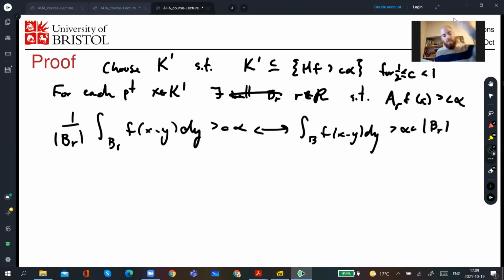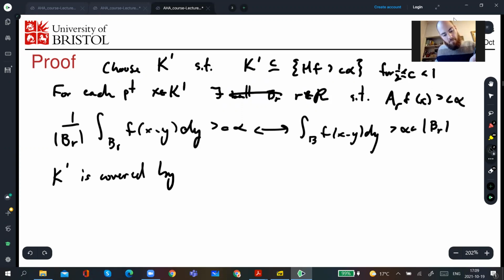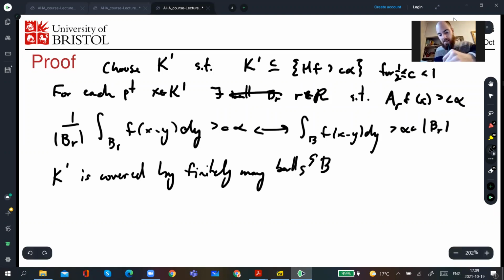And now what is K prime? It's a compact set, so there's some covering of K prime by a finite cover of balls. Let's say B_i, i from 1 to n.